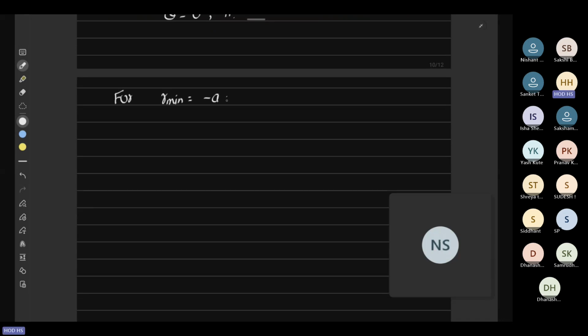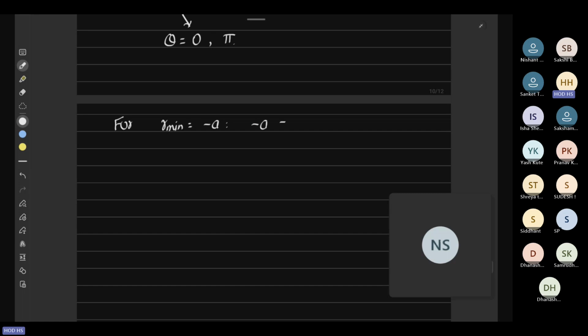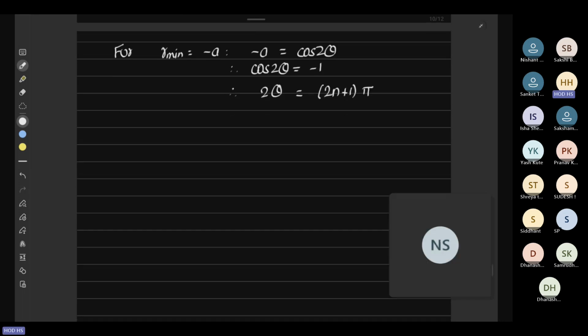was minus a. So for that, again, I will substitute minus a is equal to a cos 2 theta. So therefore, I will have this cos 2 theta as minus 1. So this will give me 2 theta as odd multiples of pi, and therefore theta will be odd multiples of pi by 2.